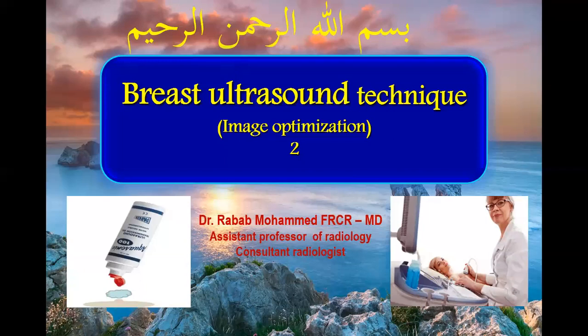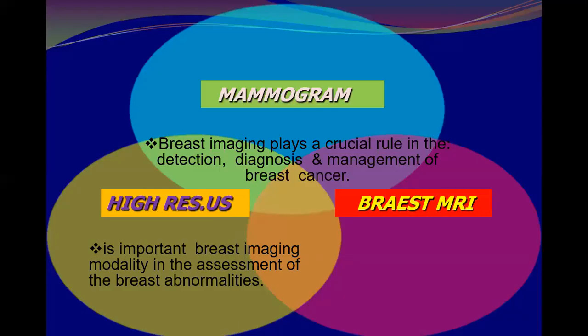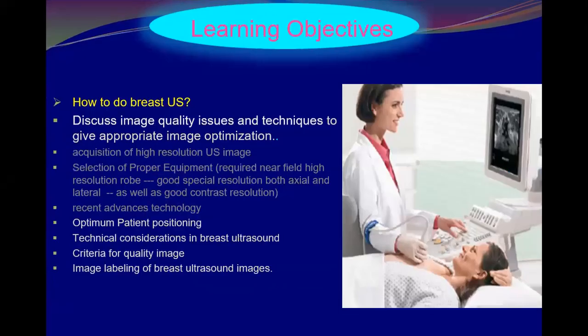We are going to continue breast ultrasound technique and image optimization. Last time we started talking about how to do breast ultrasound. We discussed already the acquisition of high resolution images and the selection of proper equipment.